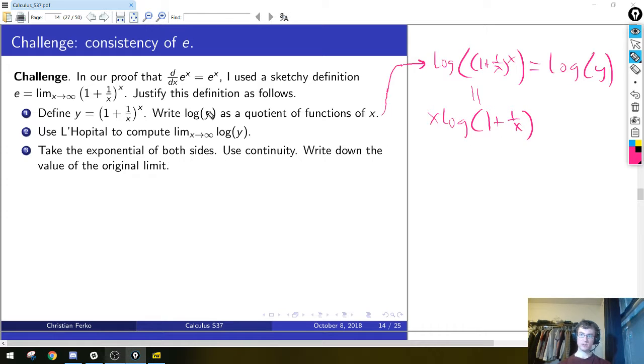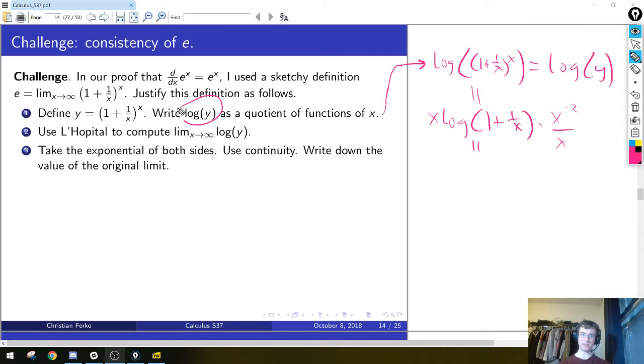And the scaffold is asking us to write log y, which is this junk on the left, as a quotient of functions of x. So right now it's a product of functions of x. Do you see a way to rewrite this so that it's a quotient with a top and bottom? I think we could multiply by x to the power of -2, and that kind of satisfies it. X to the -2. Okay, well, you mean multiply by 1 with an x to the power -2 top and bottom? Because we can't just multiply both sides of the equation by whatever we want, right?